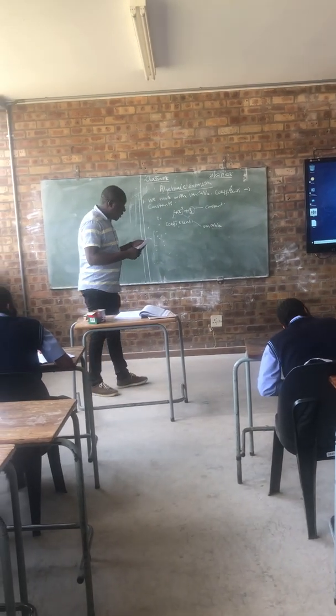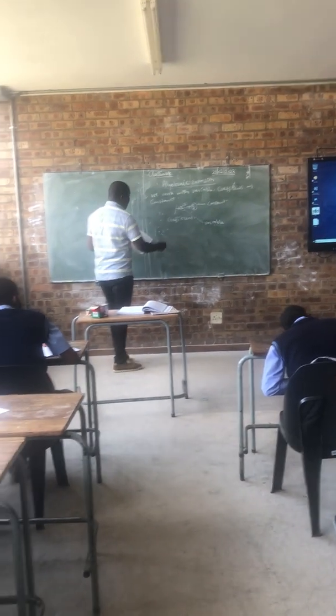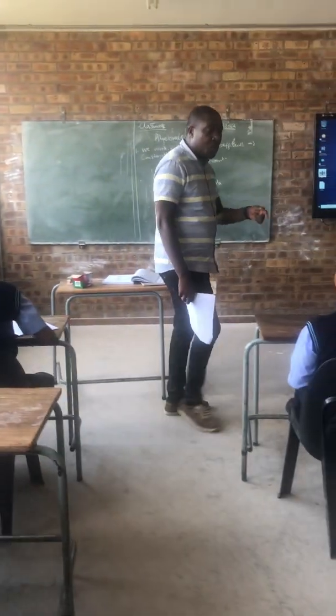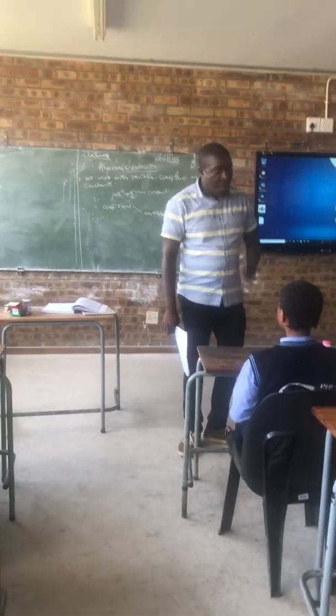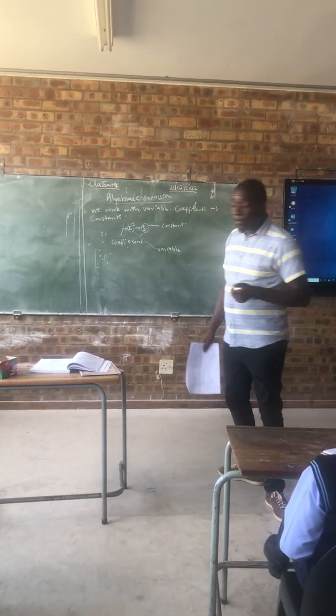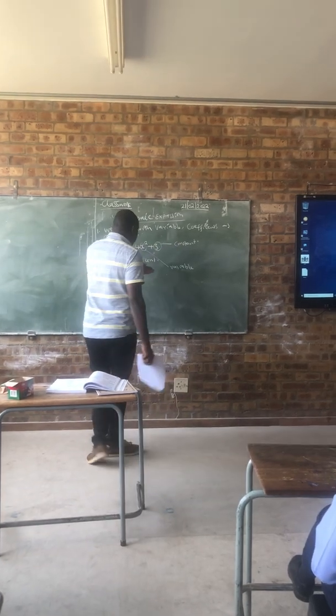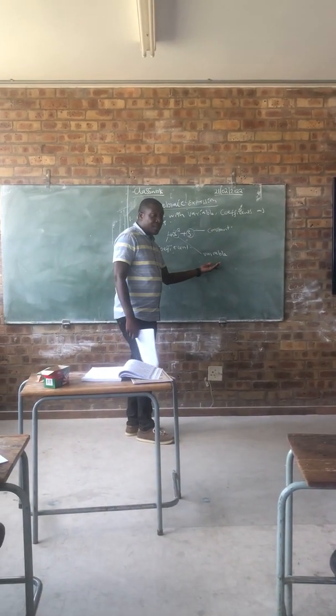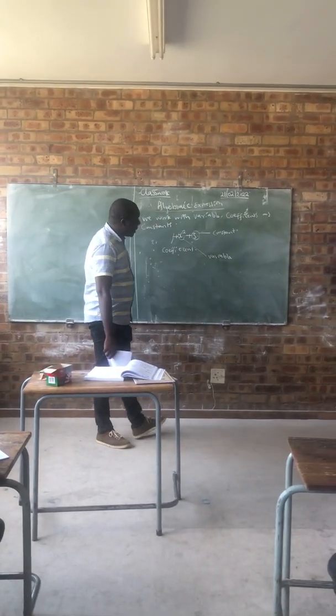And the other thing on algebraic expression, the letters, can you see the letters? The letters always represent the variable. The reason why we say that this is a variable is because it represents an unknown number which can vary at all times. So the variable can always change. That's what we refer to as the variable.